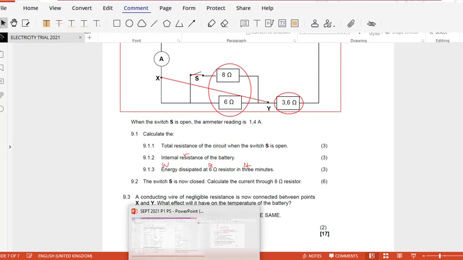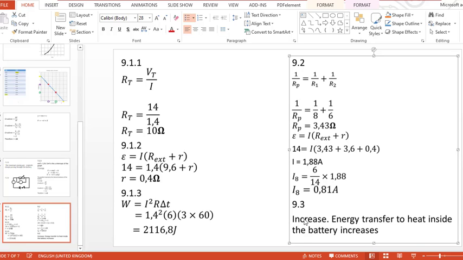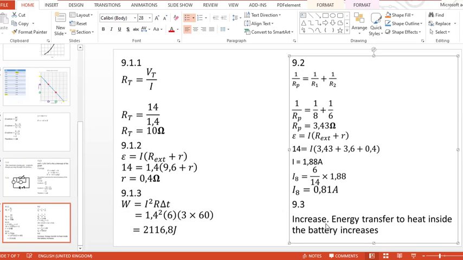The reason for the increase is that energy transfer to heat, especially inside the battery, increases. Electrical energy is converted to heat energy, and this makes the temperature of the battery increase. And this is the end of the solution.